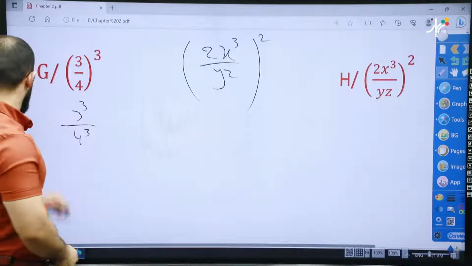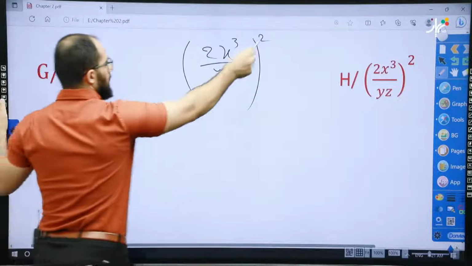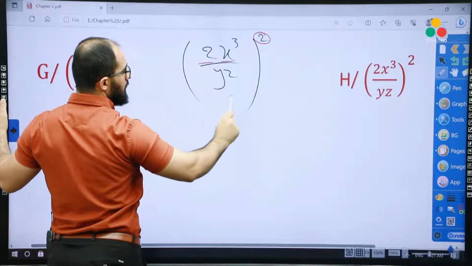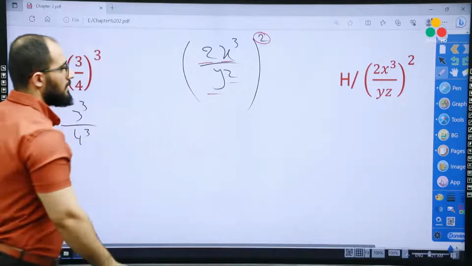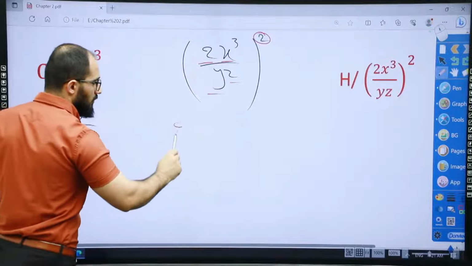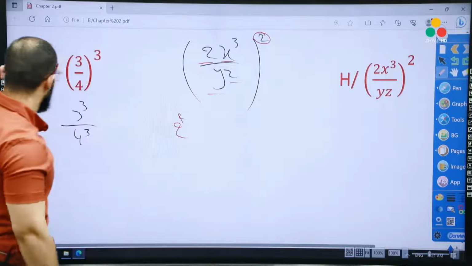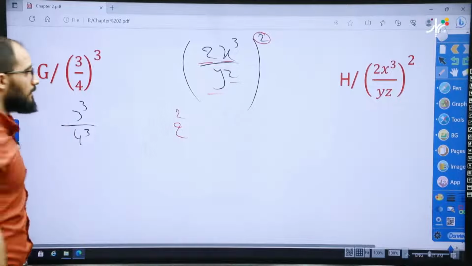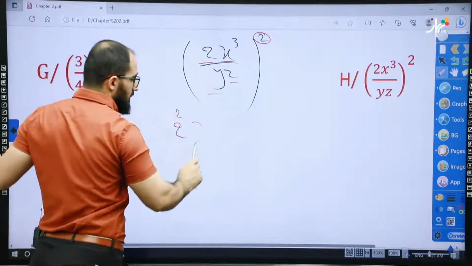So we are going to give the power to all of them. It is for 2, x, and also for y and for z. It means it's going to be 2 power 2. Then give it to x.